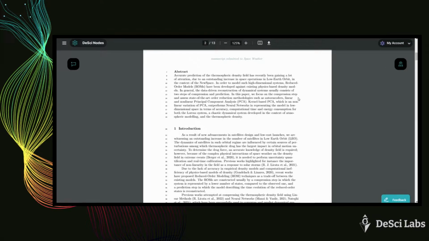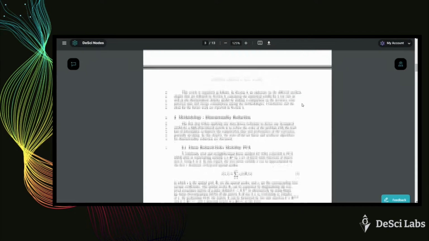So the first step is to compress the data and describe it in a lower dimensional state. The second step is the prediction, to find the governing differential equations on the compressed data. The whole pipeline was described in the previous paper, and in this paper we focused on the first section, the compression.